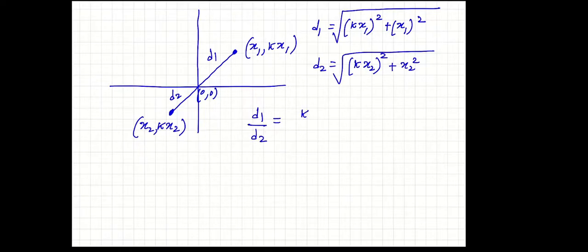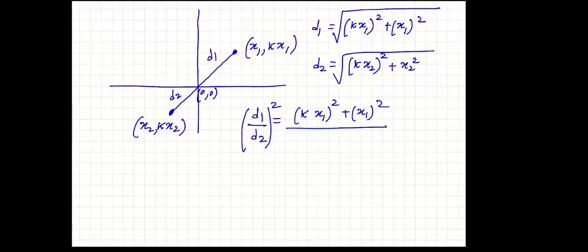So essentially I'm going to square it, right? So then I can get rid of the square roots on the right-hand side. So learn how to play with this math. Okay, then this is what I'm asking.